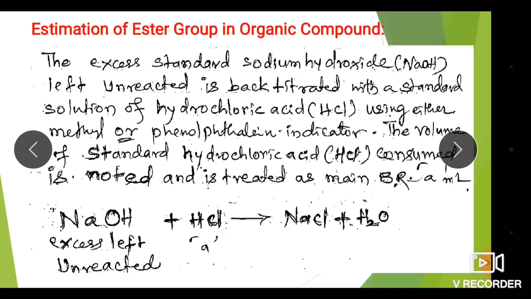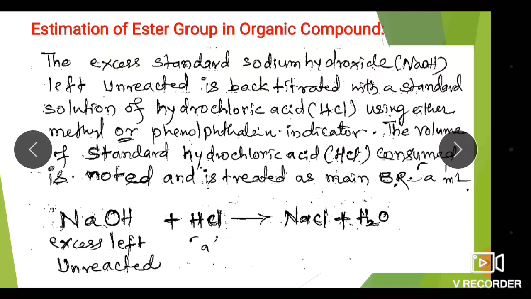After refluxing the NaOH with the ester, some of the ester is reacted with the alkali NaOH and some unreacted sodium hydroxide is left. This left unreacted sodium hydroxide is back titrated with the standard solution of hydrochloric acid.